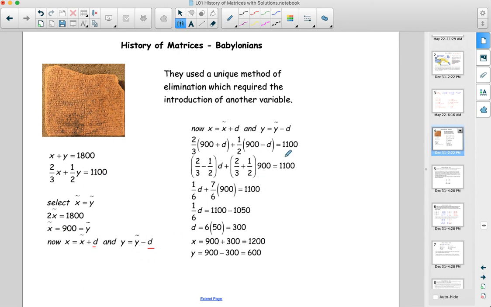And in here, we're going to replace it with 900 minus d, and then we'll solve this system based on one variable, and we'll find out that d is 300. And then to find x, I add 300 to this, and to find y, I'm going to subtract 300. So they do get the same answers as we would. However, kind of an interesting technique to introduce a third variable and start at the halfway point and then move up and down from the halfway point.